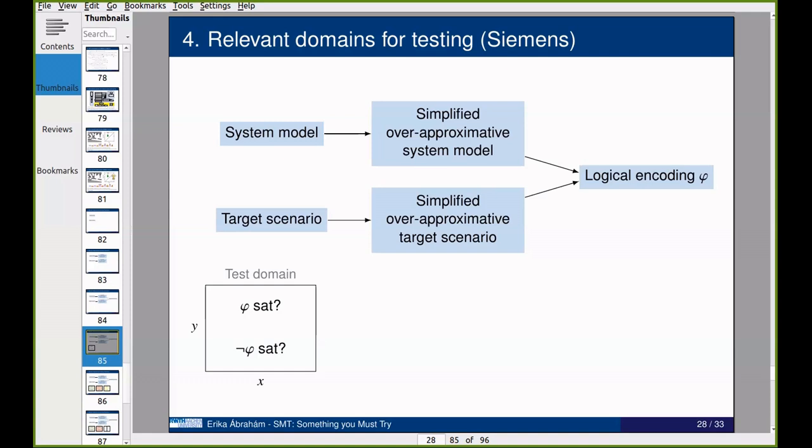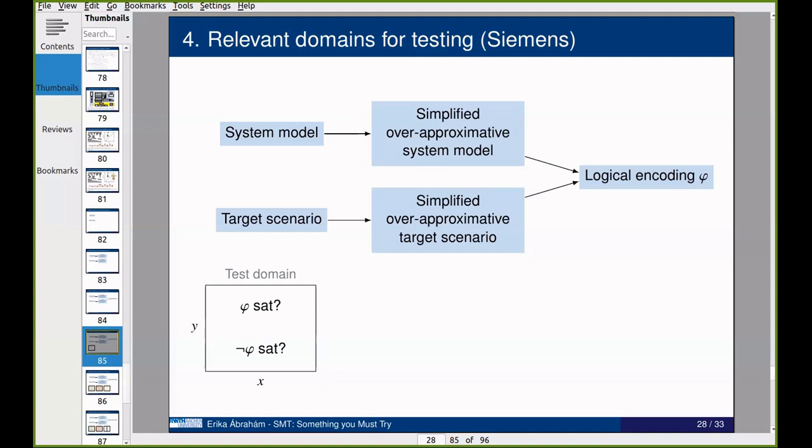But getting single satisfying solutions is boring. We want to have all interesting parts. So what we can do is we check whether in this domain phi is satisfiable. If yes, we know there exists at least one interesting test case. But we can also check whether not phi is satisfiable.